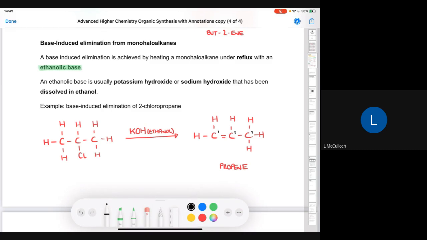Okay. So if you were working in a lab and you had a client that asked you to make an alkene, these are the 2 reactions that you would be going to. You would be thinking, right, okay, I'm either going to dehydrate an alcohol or I'm going to do a base-induced elimination using a monohaloalkane.